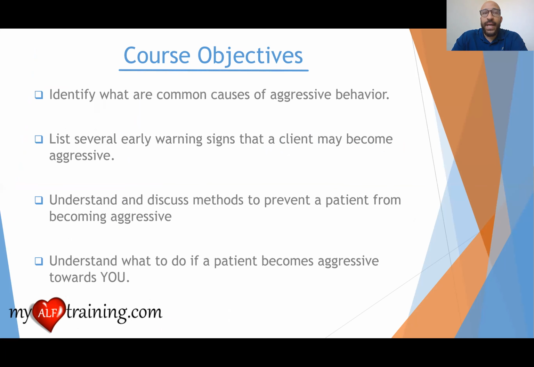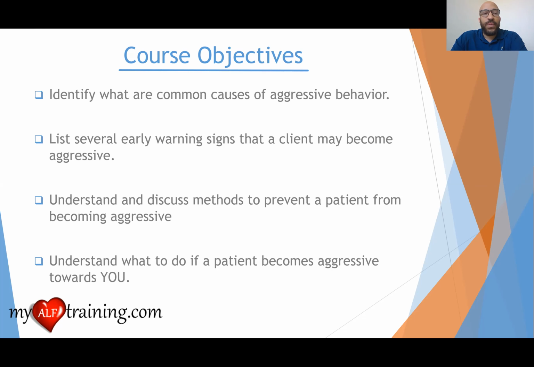We're taking care of patients in a very special population, and in order to be able to successfully treat them and provide the care they need, and specifically deal with the aggressive behavior that some may have, we need to understand and be able to identify why they may be having this type of behavior. So that's very important when you leave this course. I want you to be able to identify some common causes of aggressive behavior.